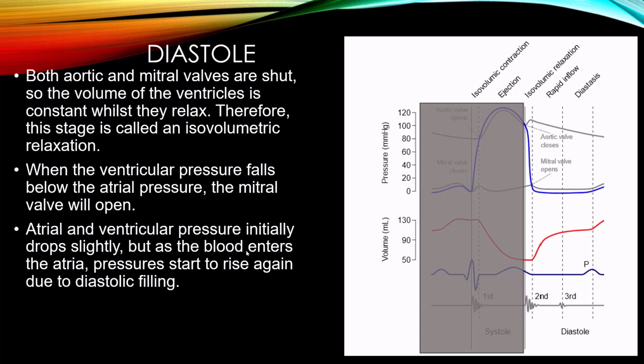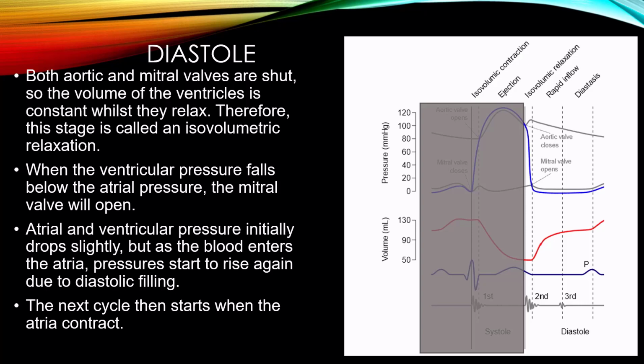Atrial and ventricular pressure initially drop slightly. The pressure in both chambers initially drops slightly, but as the blood enters the atria, pressure starts rising, diastolic filling. So the pressure again rises, and due to this rise, the second phase of the cycle starts.